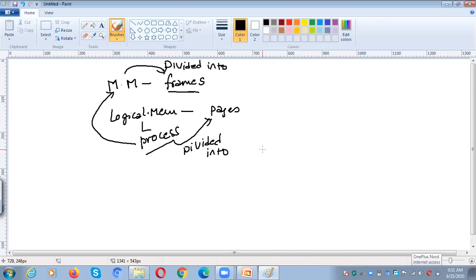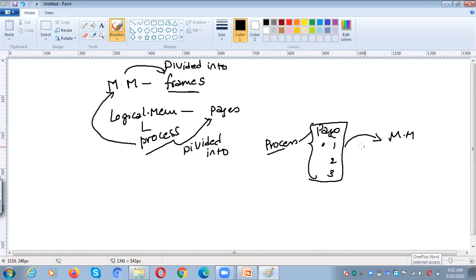For example, if the process is divided into 4 pages, page 0, page 1, page 2, page 3, total 4 pages, in order to run this process, you need to keep all these 4 pages in the main memory, right? Each and every page requires 1 frame. So page 0 you can keep in 1 frame, and page 1 you need to keep in another frame. Like that, all the pages you need to keep in the main memory for execution.